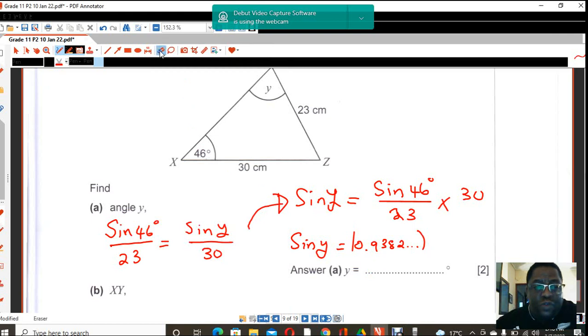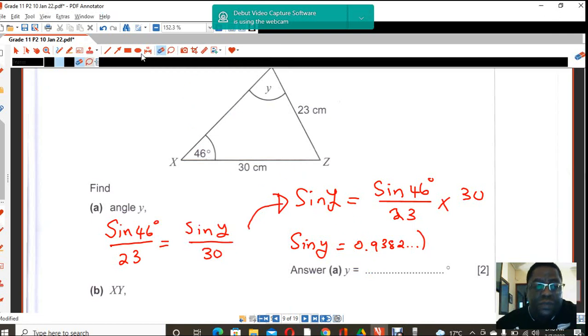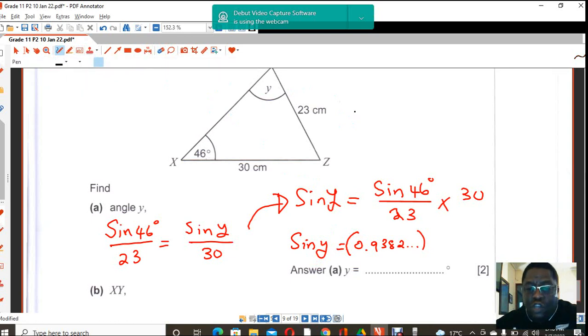So in order for you now to find that angle, remember, it means you are going to take the inverse. All right, so I'm just going to write that here, because I'm running a little bit out of space, so y will be the inverse sine of this decimal here.